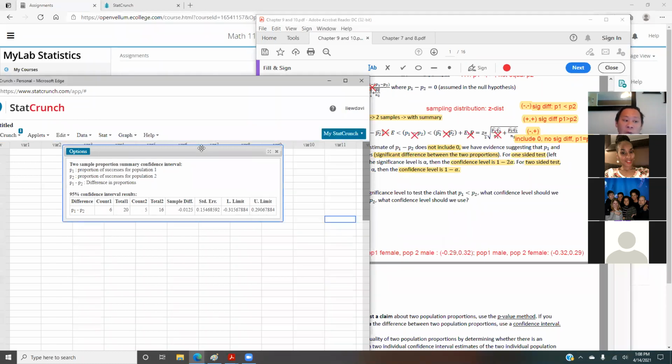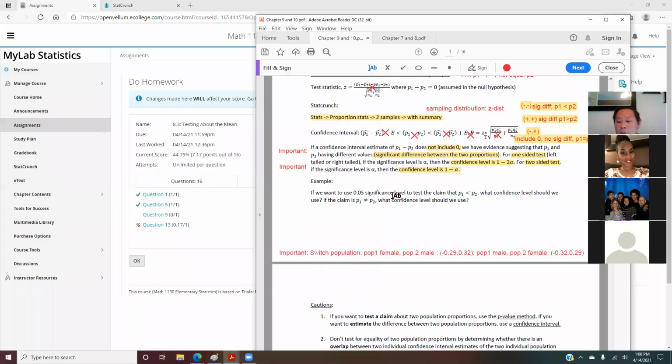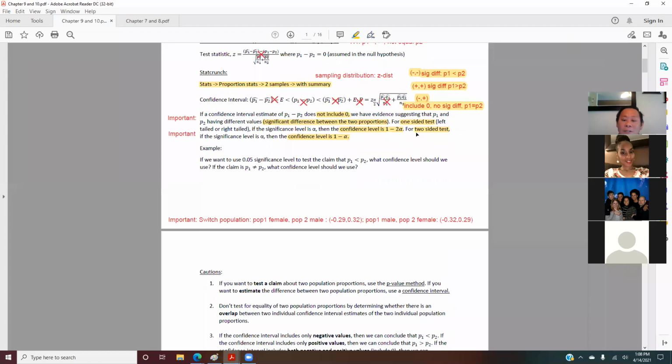If you want, you can perform it in StatCrunch, but usually this kind of question I will ask in your multiple choice questions. So this is the third important thing that I would suggest you write in your cheat sheet. Okay, so make sure you do that.